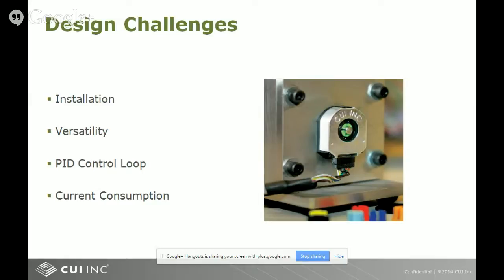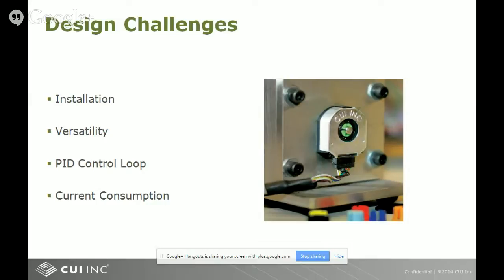Next is versatility, and versatility is definitely a necessary part when you're looking at your design. For one, in the R&D phase, how much versatility you can have with a product for being able to make changes as designs change throughout the evolution of the design. But also from a larger scale, if you look at stocking, what you're able to stock, if you're using encoders in several different applications, either within one product or within several products that your company has.